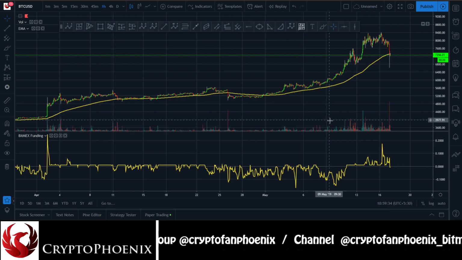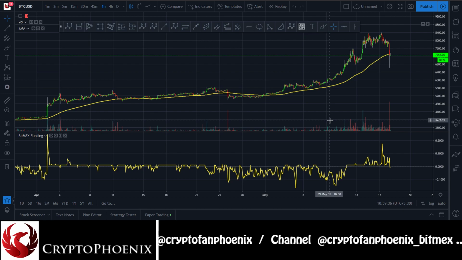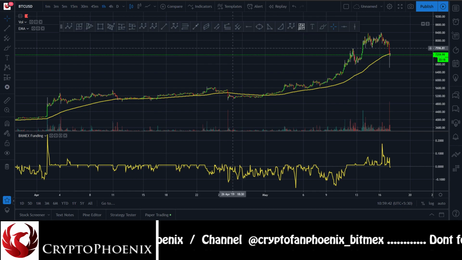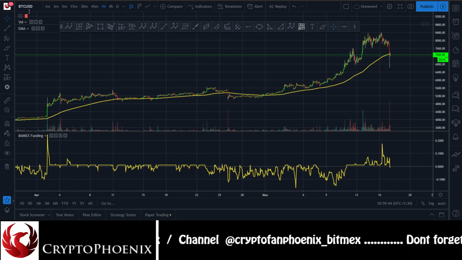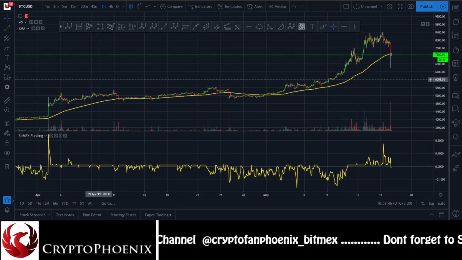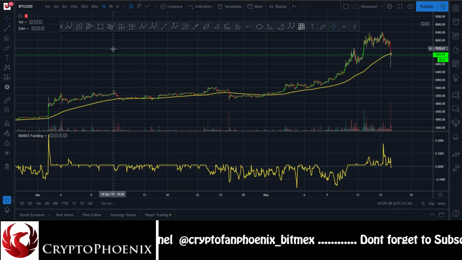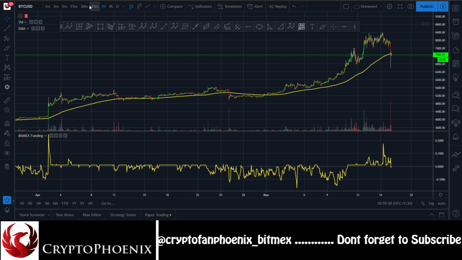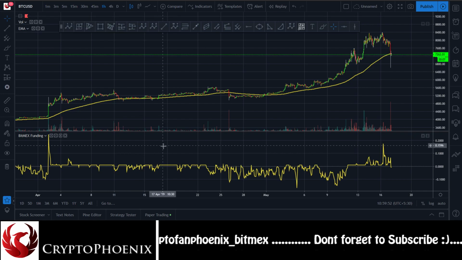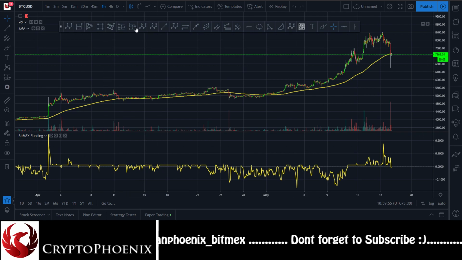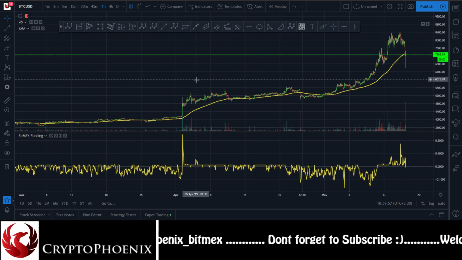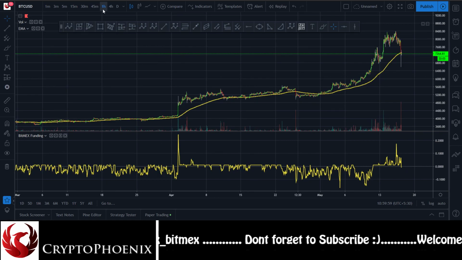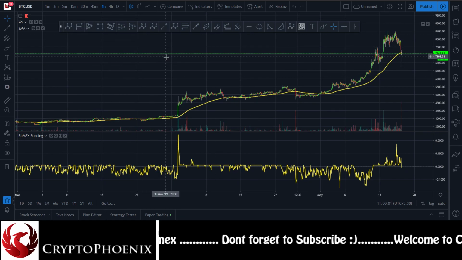So this funding rate helps to determine whether most of the traders are in long or short positions. This strategy works more significantly on the 1 hour time frame, so I would recommend you use it on the 1 hour time frame.